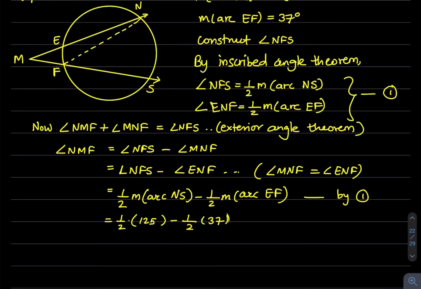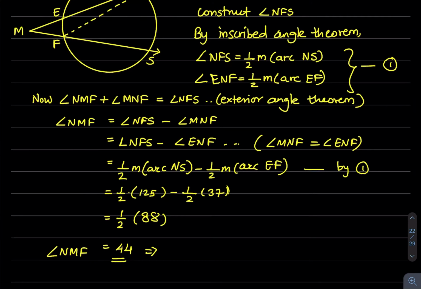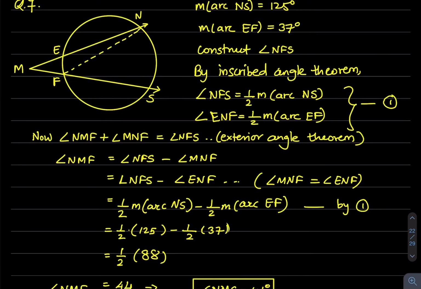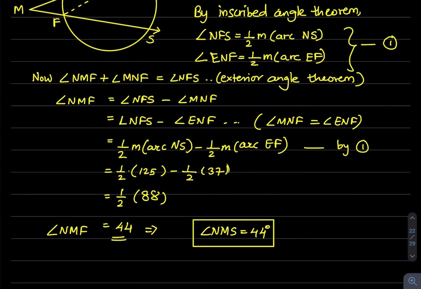Now we have both the measurements, so 1/2 into 125 minus 1/2 into 37. By solving this, you will get 44. So angle NMF is 44 degrees, so NMS is also 44 degrees.